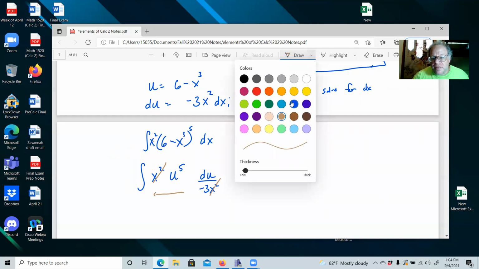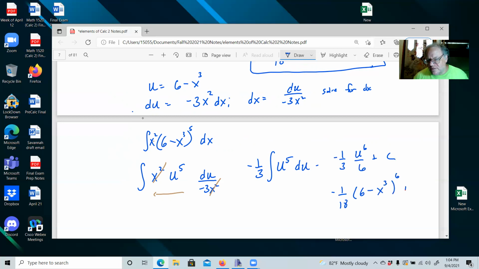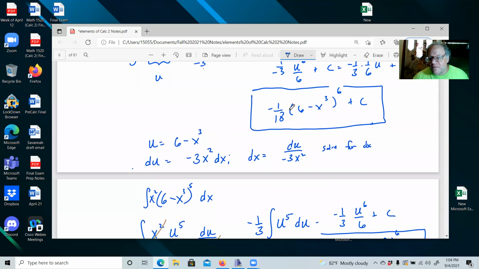So we end up with negative 1/3 times the integral of u to the 5th. We integrate that: negative 1/3 times u to the 6th over 6. This should start looking really familiar at this point. Negative 1/18 times (6 minus x cubed) to the 6th, plus C. There is our answer, same thing we got over here.